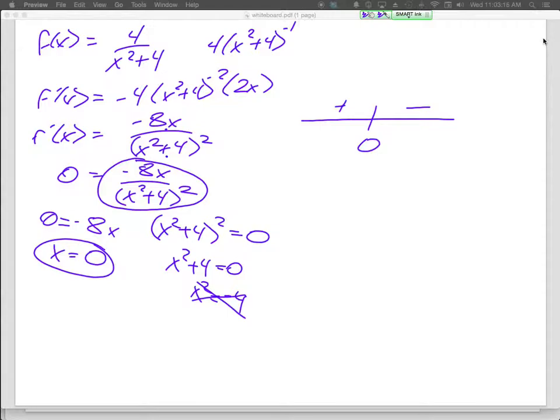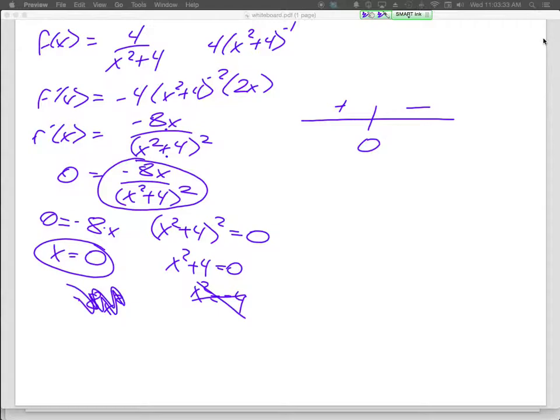When you say there's no multiplicity, that means this right here. If it was x squared, then that would be a multiplicity. Since it was just 8x, there's no multiplicity, and my signs are going to change.